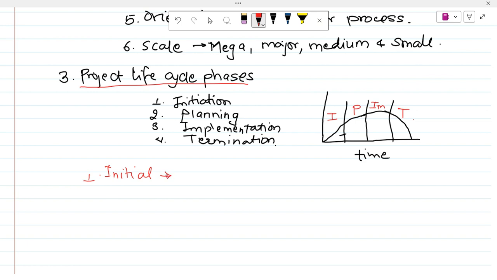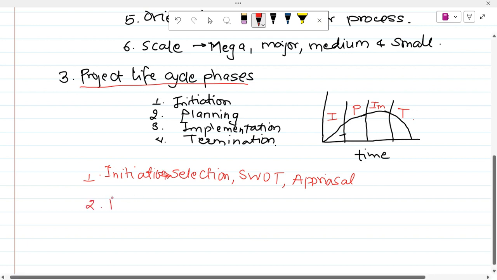During the initiation, as I have told you, the first is selection of the project based on the long term goals. SWOT analysis should be done. Appraisal is either market appraisal, technical appraisal, financial appraisal, or economic appraisal like benefit cost, income in the society, and employment generation, or ecological appraisal, the environmental damage and the restoration cost. These are done during the initiation phase of the project life cycle.